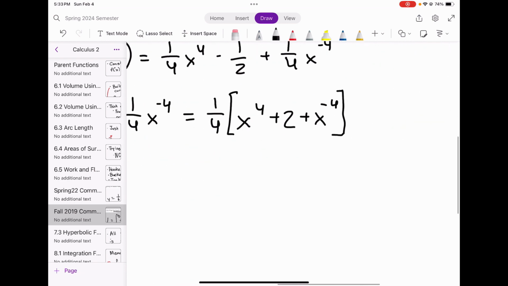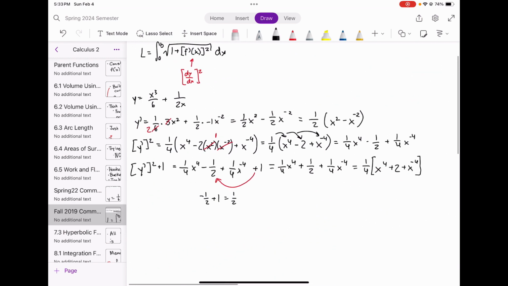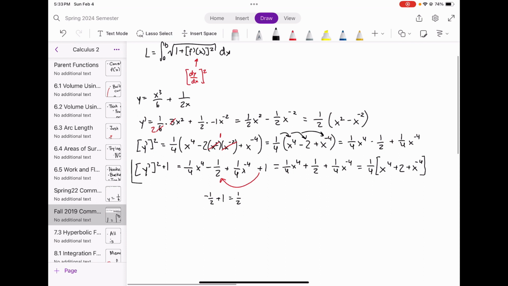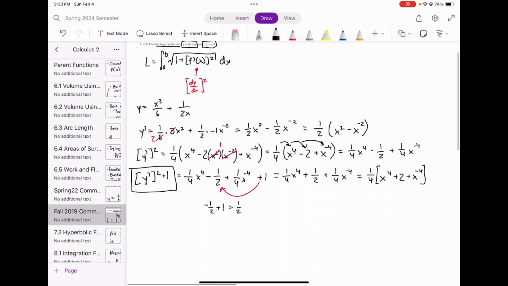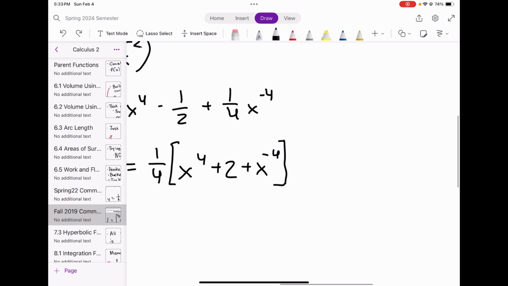The whole idea of what I'm doing over here is that I want to find a way to get this simplified over here. And the best way to do that, in this case at least, is to factor it so that it's a perfect square.